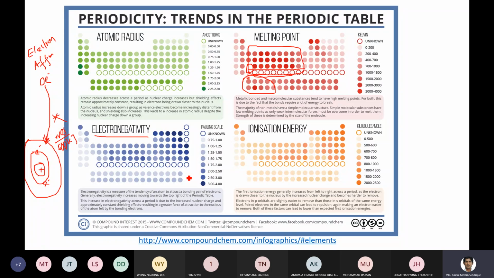How strongly does that element desire or want one electron to be in its orbital?